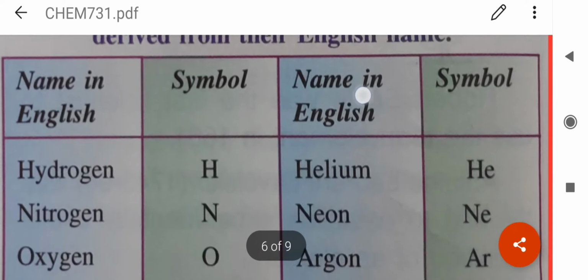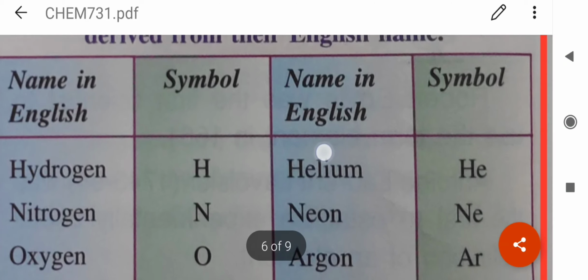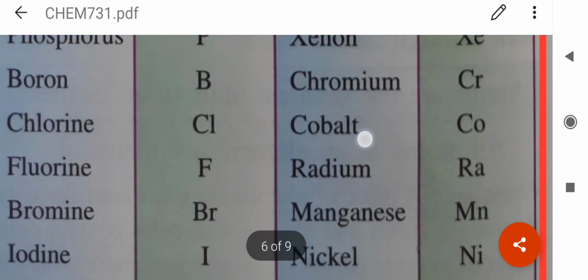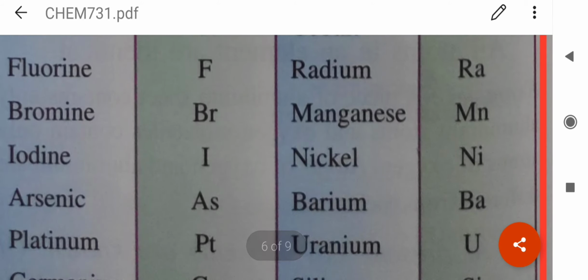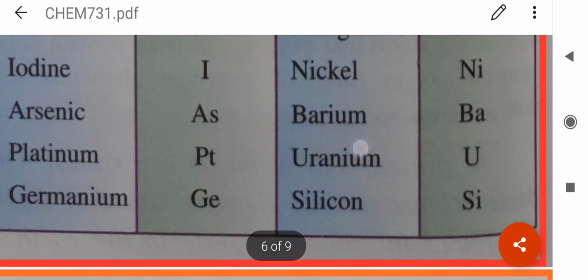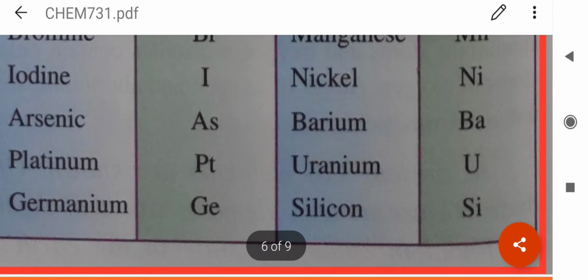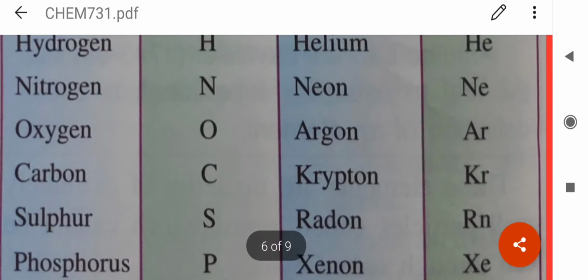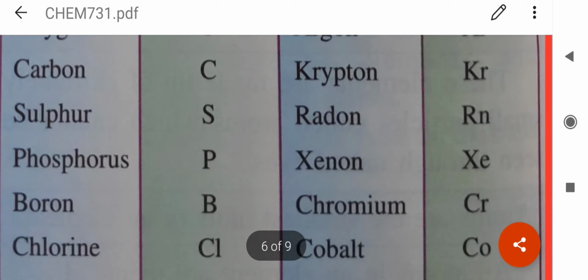Now, just go through this table, where the symbols are given, the names are given. You can see here. So what is the symbol of chlorine? Cl. Silicon Si, cobalt Co, neon Ne.